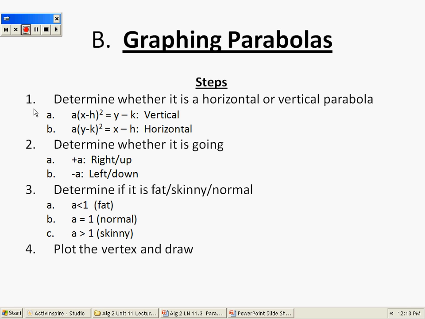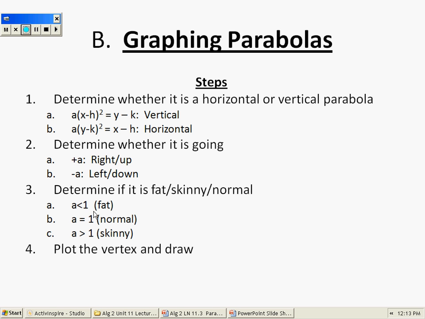Now, number 3, you guys remember maybe from semester 1 that the a tells you the wideness of the graph. If the absolute value of a is less than 1, then it's a fat parabola. If it's equal to 1, it's normal, and if it's greater than 1, it's skinny. Just up there as a memory topic, but I'm not going to really focus on that too much for this unit. We're just going to focus on the direction.